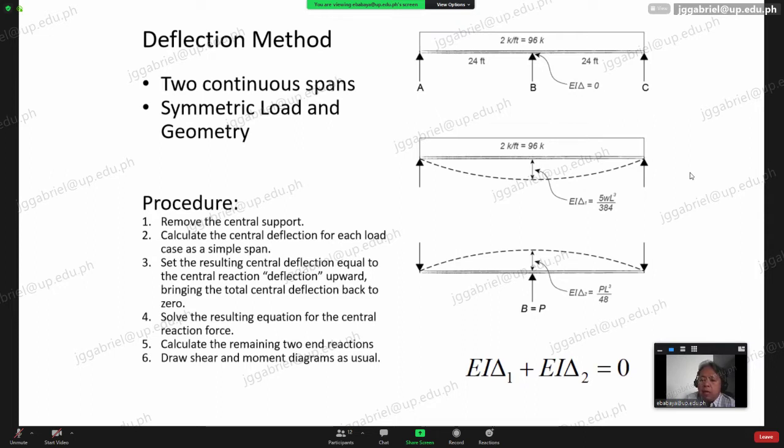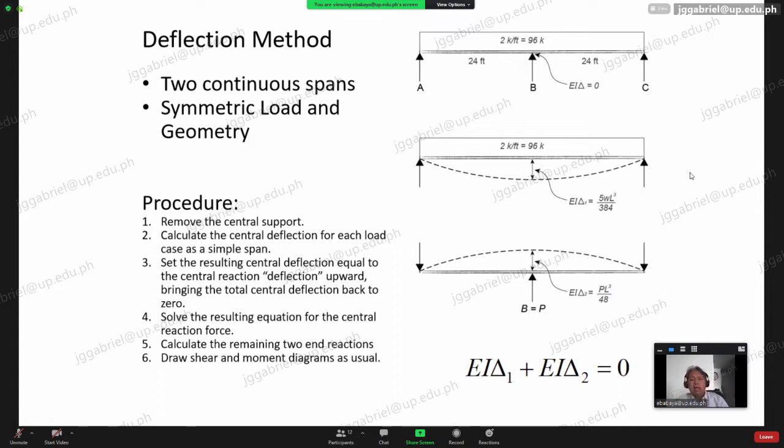Now, why are we doing this? First, we remove the central support, and then we determine the deflection. Then we account for the deflection of the central support without the loading, so therefore you also have that equation.